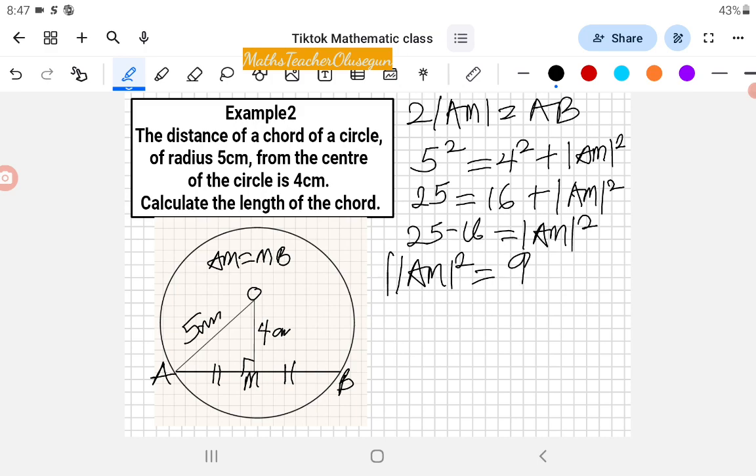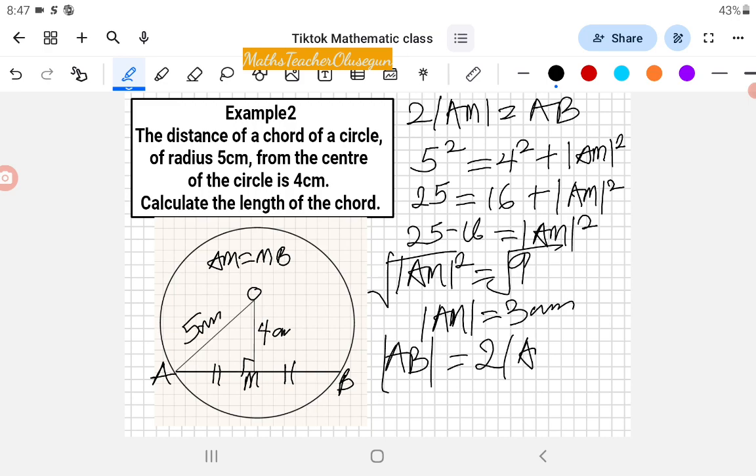By finding the square root of both sides, AM is equal to 3 centimeters. To recall, the length of the chord AB is equal to 2 times AM, which is 2 times 3 centimeters, equal to 6 centimeters. So 6 centimeters is the length of the chord.